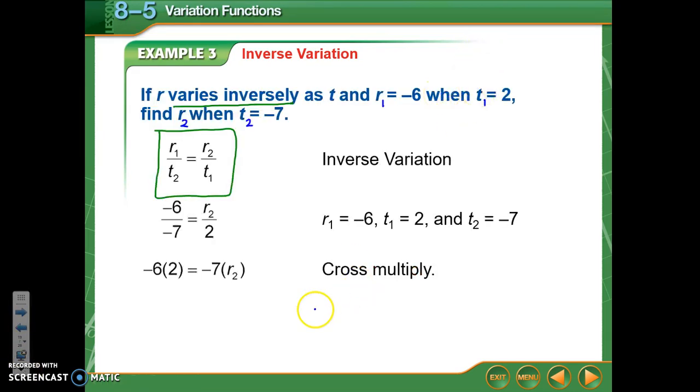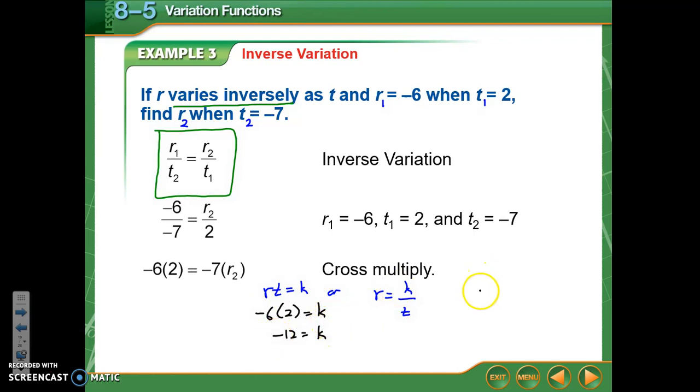If I don't want to use the proportion, again, I would go back to the original equation, which is xy equals k, or y equals k over x. I guess I should use r and t for this one, sorry. Okay, that looks a little better. So if I know that r is -6 when t is 2, then I know that my k is -12.